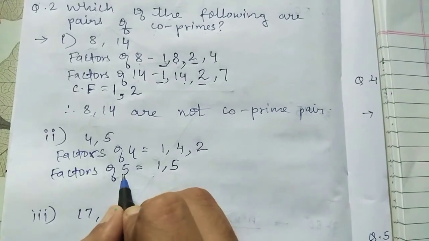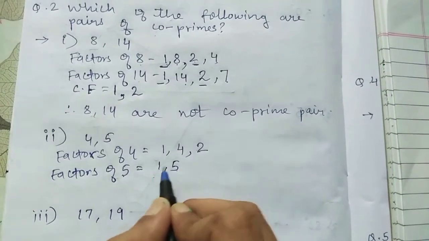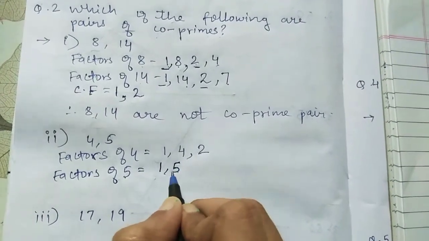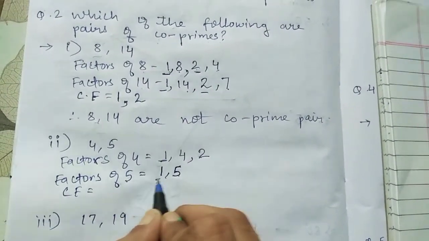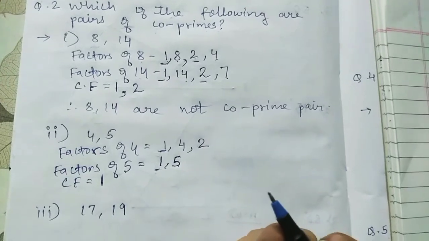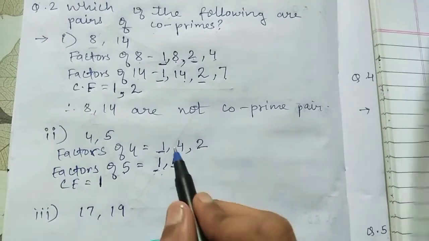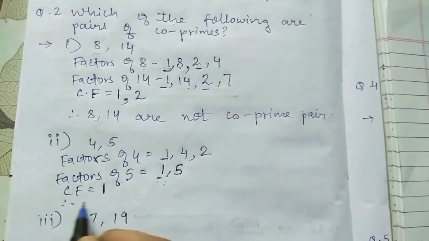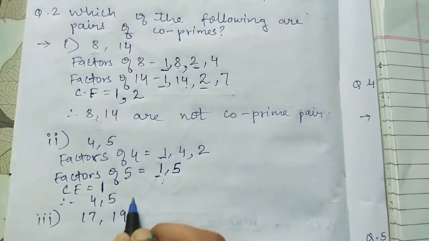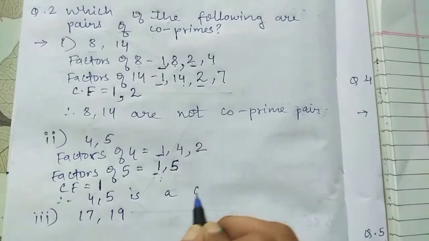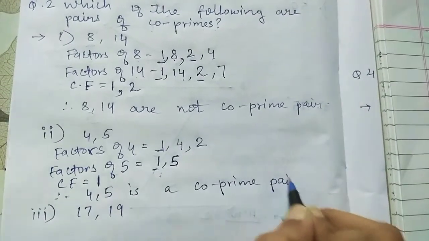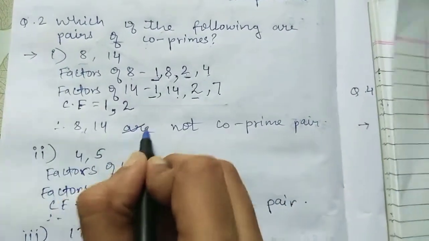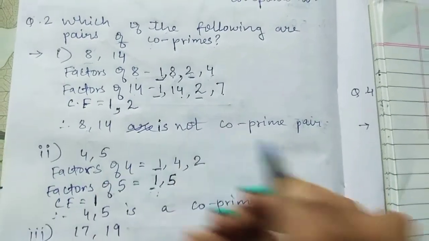That's it. 5 is a prime number. So 5 comes in 1's table and its own table. Now the common factor here is only 1. Yeah, we can see the common factor is only 1. Therefore 4 and 5 is a coprime pair. Here we have to write yes.